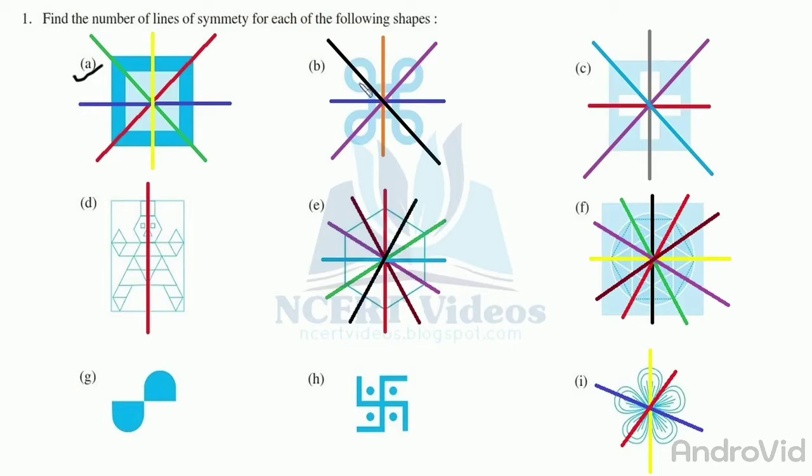Now B part. So this is the figure, these round figures. If we place a line of symmetry vertically, we will be able to make it diagonally. We will also be able to have the pattern on the other side. So in total we have 1, 2, 3, 4 lines of symmetry.